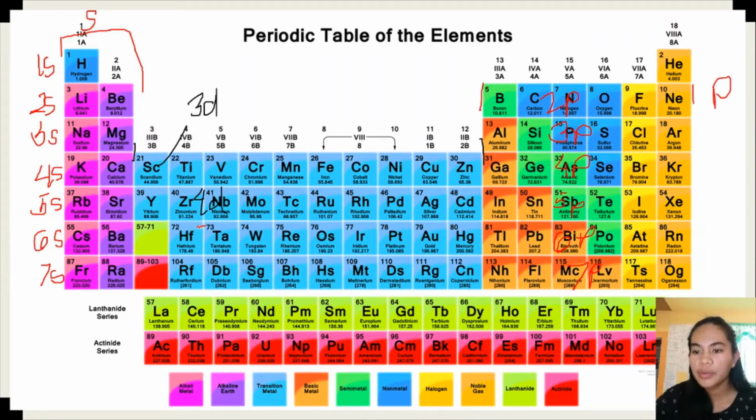And then this one is 5d. And then the last one is 6d. So we have four subshells: 3d, 4d, 5d, and then 6d. And then we also have here the F, the fundamental shell, wherein we have the 4f and then the 5f.